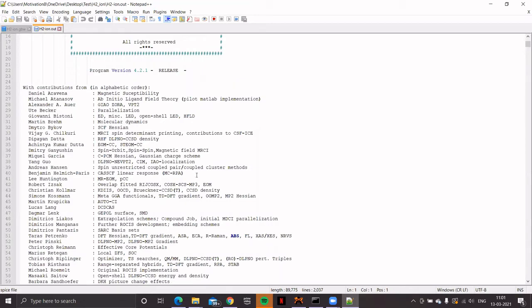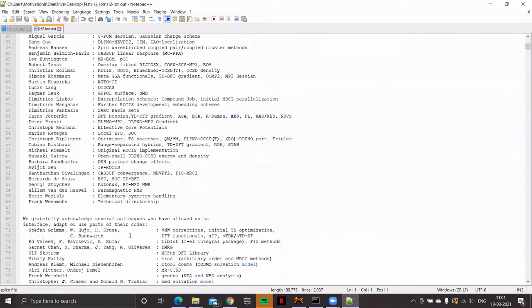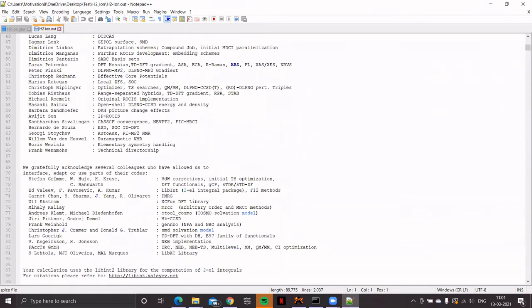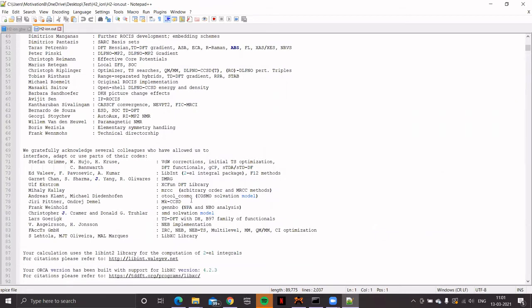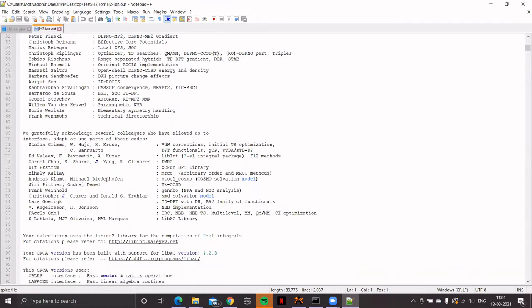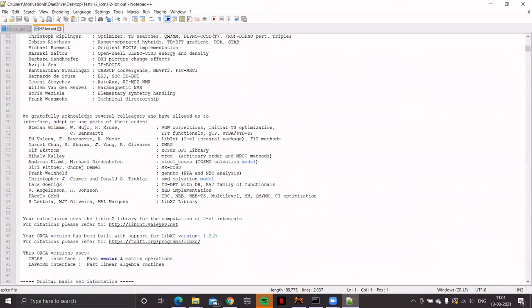We don't need to worry about how the programming was done. Then they're also grateful to others who have lent their programs, so they can use a part of their program. They're acknowledging that also. Then for doing calculations, they use some important mathematical packages. For example, for two-electron integral calculation, one of the toughest jobs during the course of the calculation, that is done by the libint2 library.